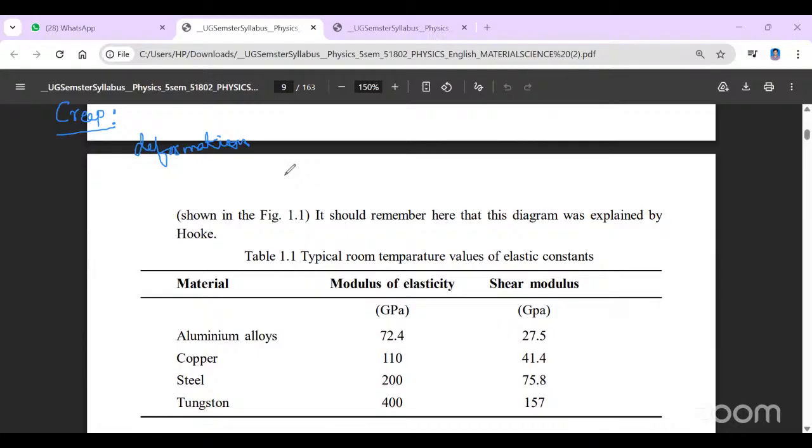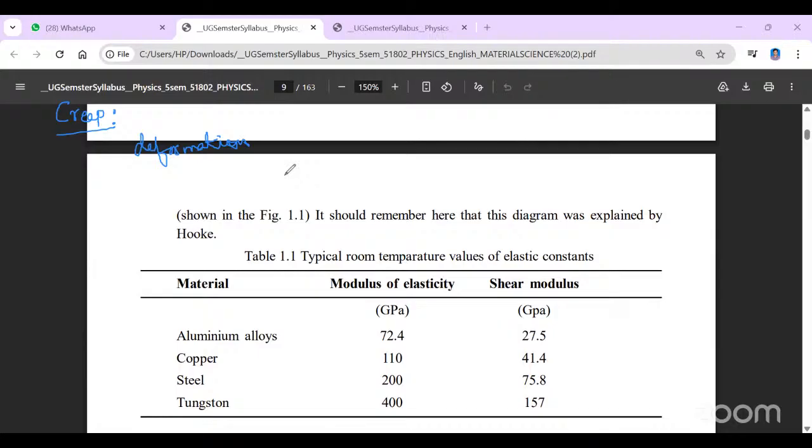Why? Suppose you take turbine blades of a gas turbine. If the material has a very low creep rate, then these turbine blades will be effectively present for a longer period of time.